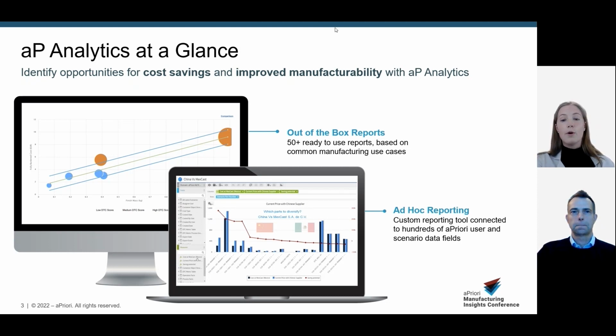Together, these two reporting tools are powerful. Out-of-the-box reports guide engineering teams through best practices for day-to-day analysis, and ad hoc reports provide engineering teams with the freedom to create reports on the fly that are relevant to urgent market challenges.